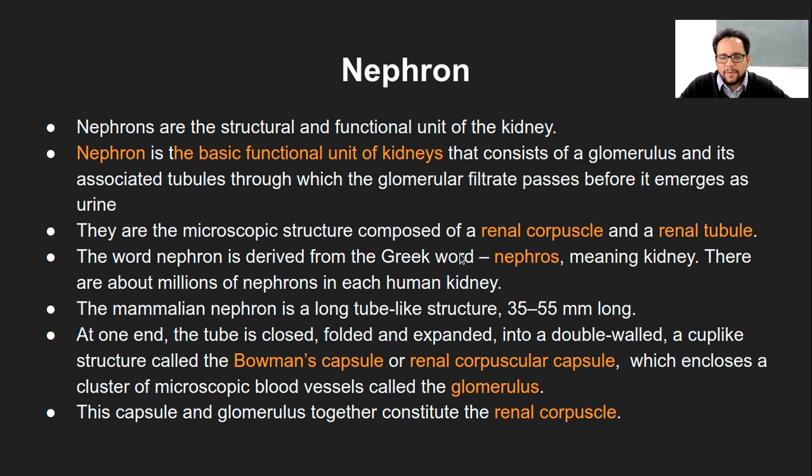The word nephron is derived from the Greek word nephros, which means kidney, which ultimately means a filtration system. And there are millions of nephrons in each human kidney. In terms of dimension, these are 35 to 55 millimeter long. 35 to 55 millimeter is 3.5 to 5.5 centimeter long, right?